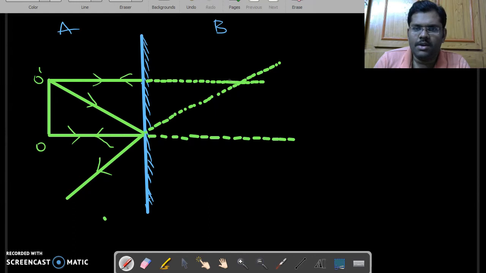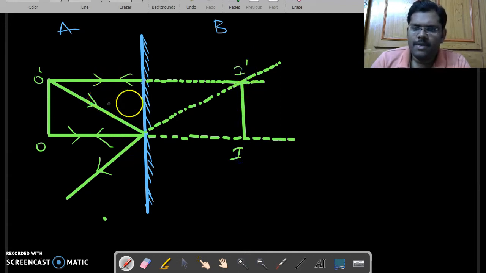When the two extended reflected rays intersect each other, there we get an image, which is called the virtual image. We call it the image, I dash.